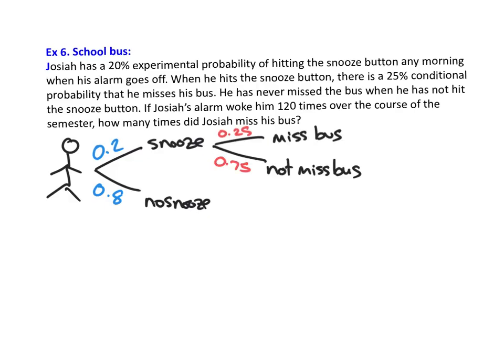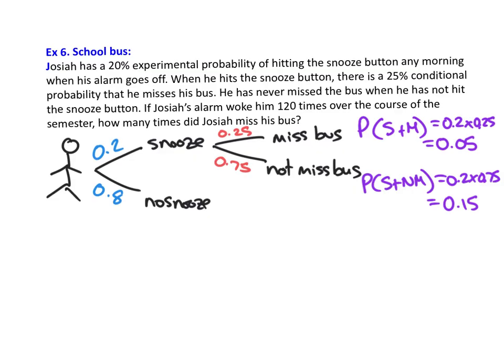So now the probability of him hitting the snooze button and missing the bus is 0.2 times 0.25.